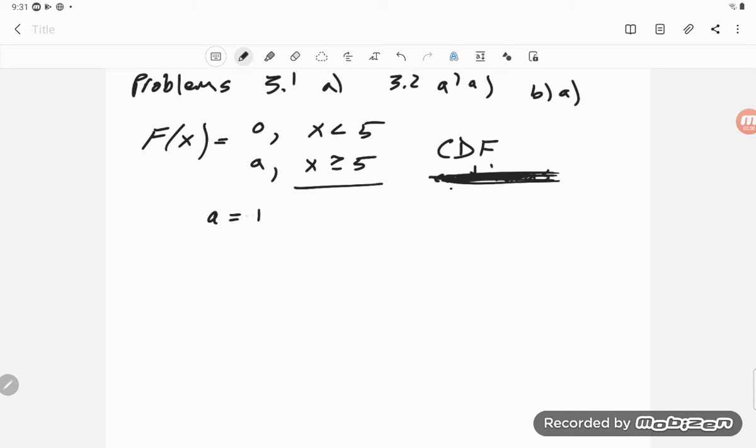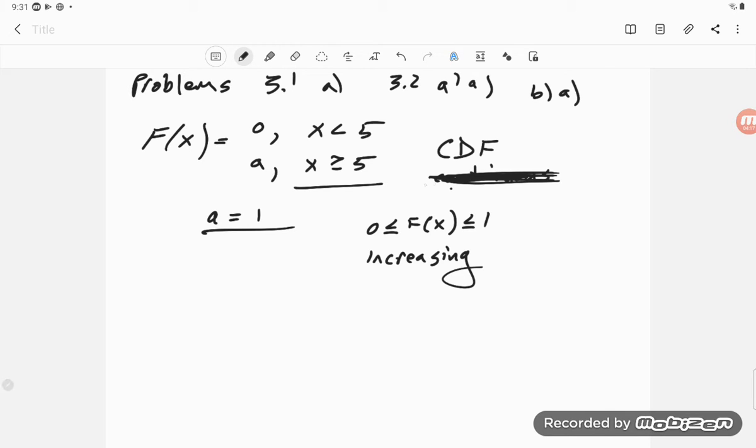And so we have A equals 1, in which case we do have that 0 is less than or equal to f of x, which is less than or equal to 1. It's increasing, or non-decreasing is really the better term, but it's increasing. And so there we go.